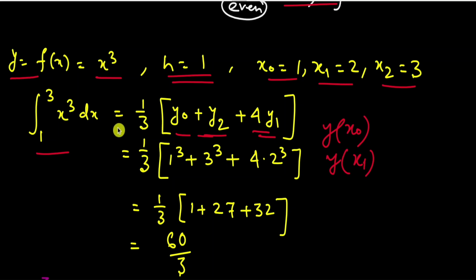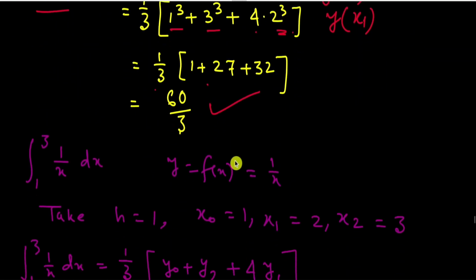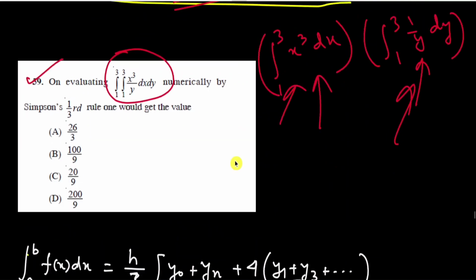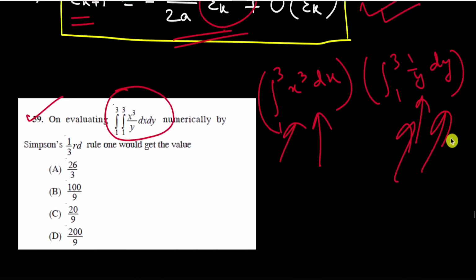So this gives the values 1 cube, 3 cube and 2 cube. So 4 into 2 cube, which gives 1 by 3 into (1 plus 27 plus 32), this is 60 by 3.